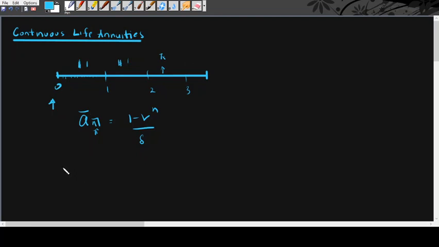So for the APV of this, let's assume that the present value random variable equals Y. Y is the present value of all of the future lifetime. If you refer to the common annuity equation, this is equal to 1 minus v^Tx over delta.